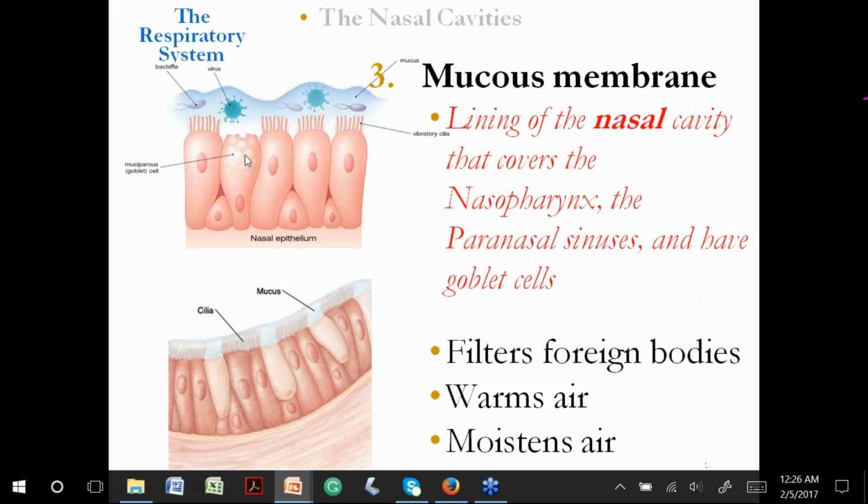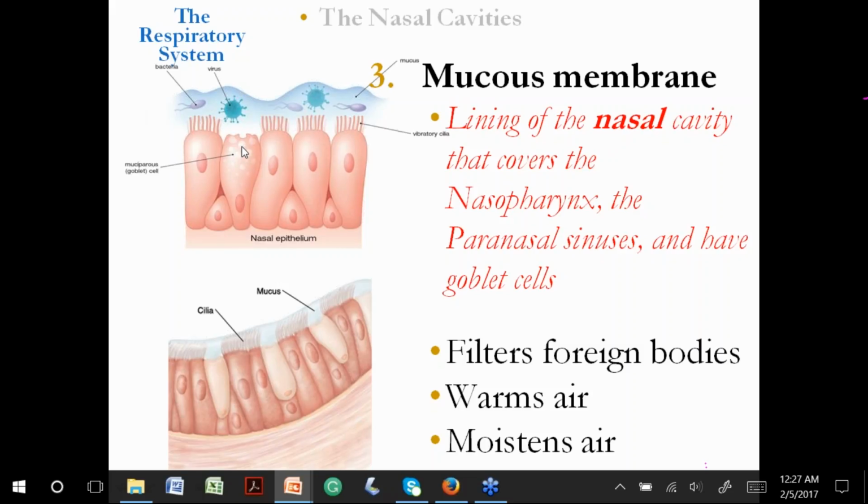We have the pseudostratified cells with the cilia, and this cilia has a movement activity that is going to sweep out the bacteria, which we are going to see in a few moments. And here we have the goblet cell.